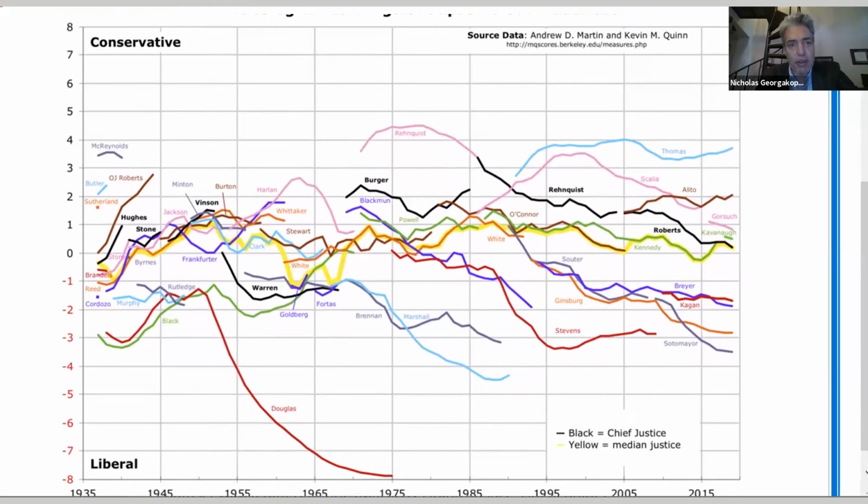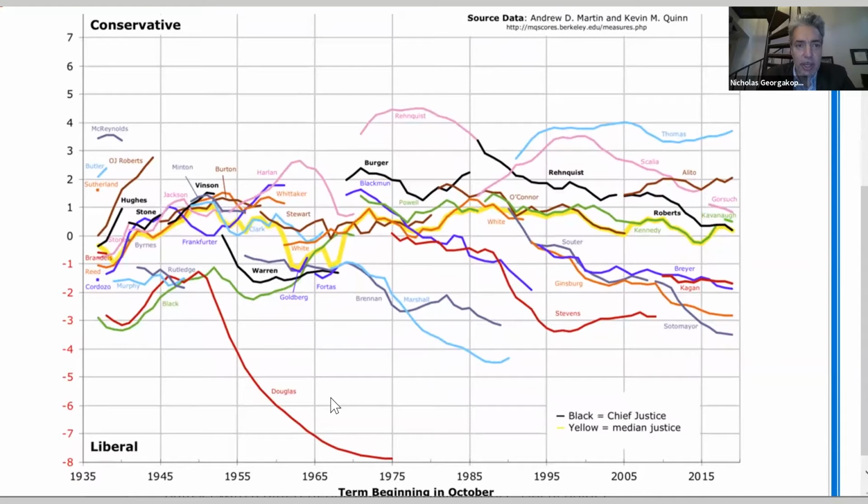You see, for example, Douglas here drifting toward the liberal end, or you see Stevens drifting liberal, but then staying about constant. One feature of this is that the whole court may have drifted, but the way that the scores are calculated, every year 0 is at the same place.